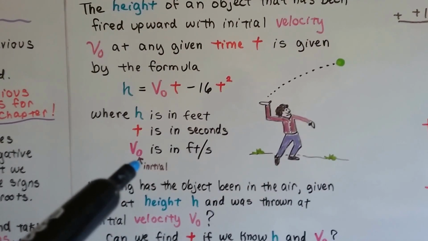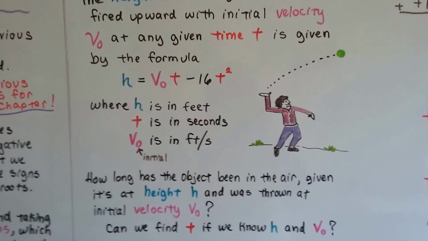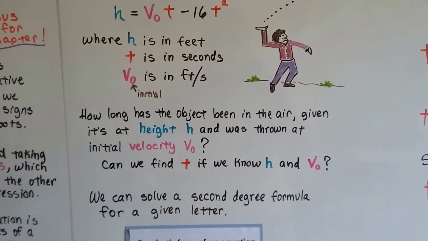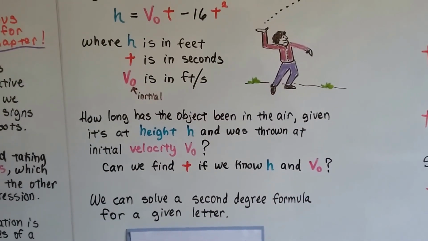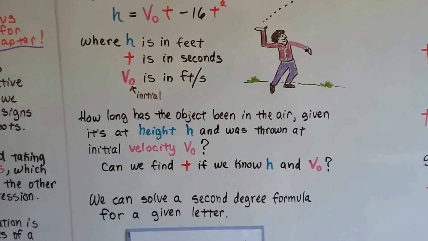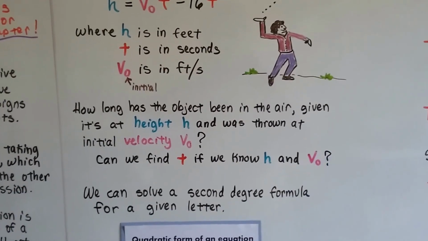That tells us it's the initial velocity, the first velocity, in feet per second. And t is how long the object has been in the air, given it's at height h and was thrown at initial velocity. Can we find t if we know h and that initial velocity?